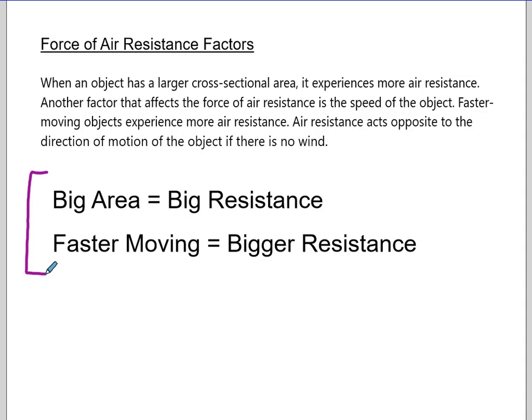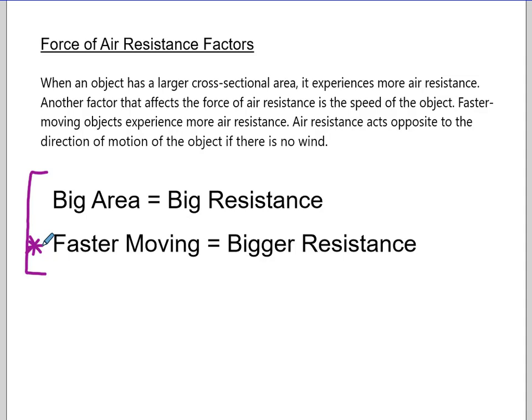This second one here is really the one that makes this not a grade 11 topic. This is what we call a feedback loop. The faster the object is moving, the bigger the air resistance force will be on it. But as that force gets larger, the object's speed changes because now we're accelerating at a different rate.